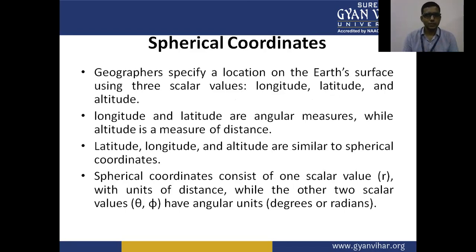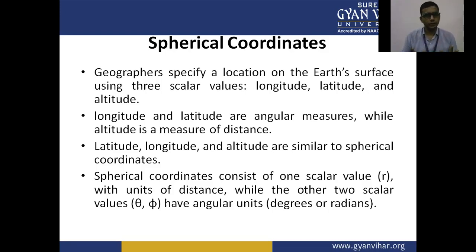Now we have the spherical coordinate system. Geographers specify a location on the Earth's surface using three scalar values: longitude, latitude, and altitude. Longitude and latitude are angular measures, while altitude is a measure of distance.